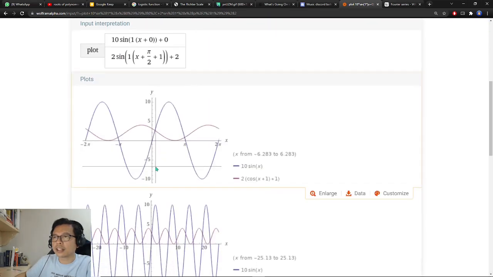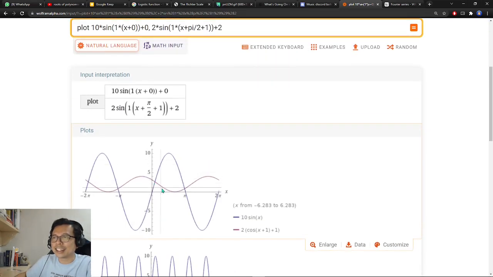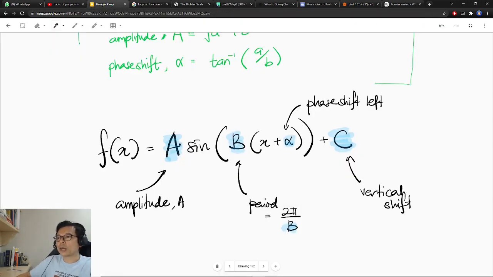I see. This is the original function just now, 10 times sine x. It's basically just a sine function. And this is the weird trigonometric function that I've just concocted. The point here is you have to remember what each of these coefficients does to your function.